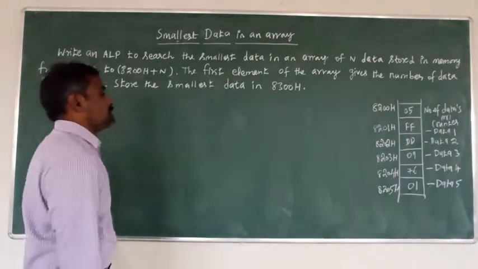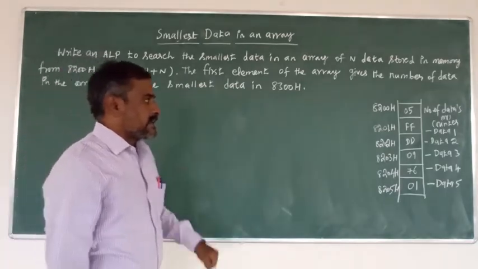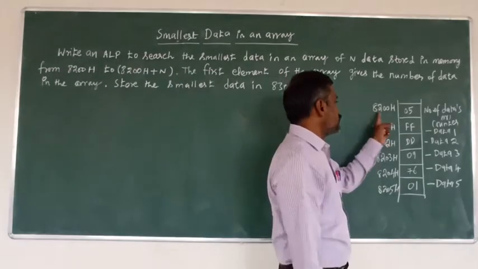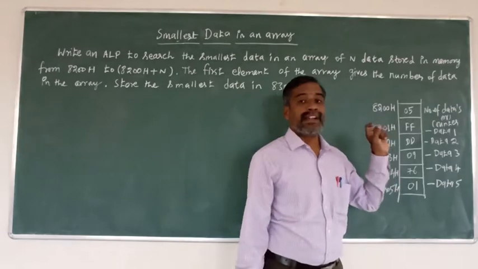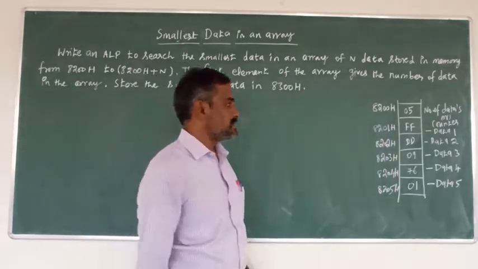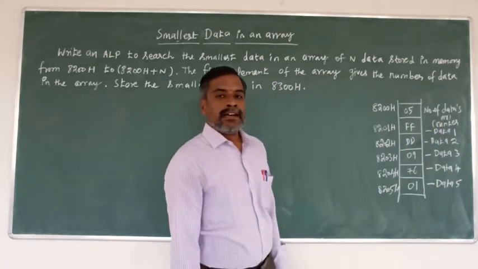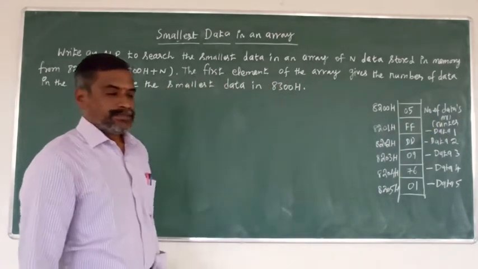Logic for smallest data in an array: 8200, to load the number of data. This is to fix as the outer loop counter.